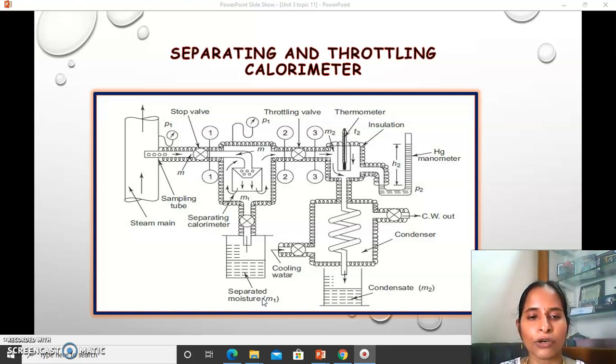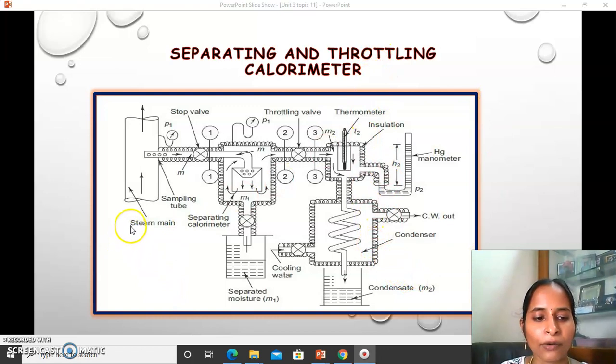When you supply the wet steam, during the initial stages of this calorimeter, the separation of water vapor and liquid takes place first in the separating process. Then it is passed through the throttling device, and the measurement of its pressure and temperature and the cooling process are the same as what we studied in the throttling calorimeter.